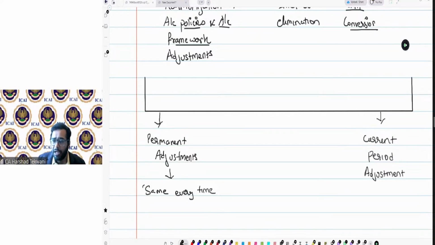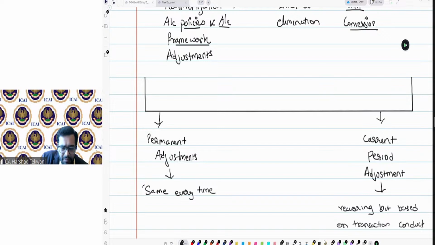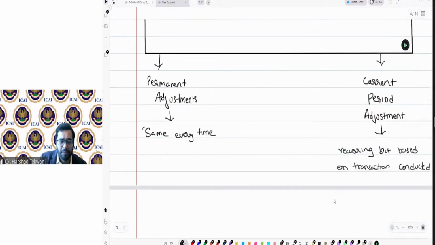And when I talk about the current period adjustment, it is kind of recurring, but based on transactions conducted in that year.